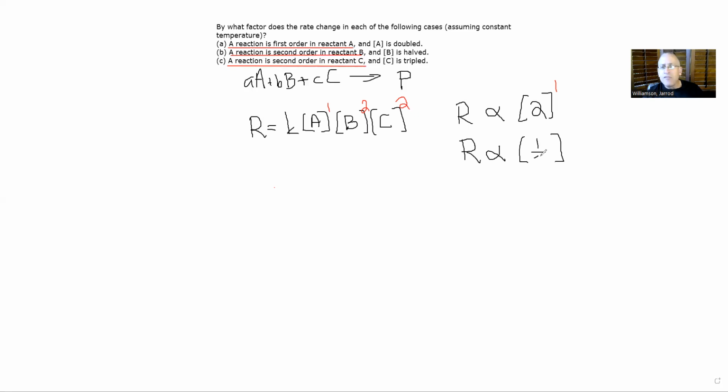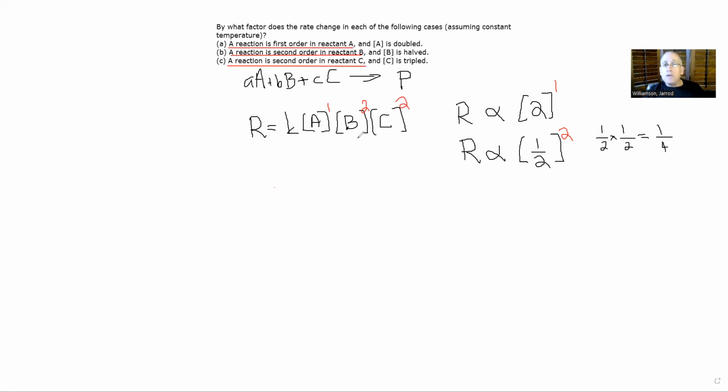It's 1/2 of what it was before. And it is second order, right? Well, what's 1/2 squared? That's going to be 1/2 times 1/2, or 1/4.